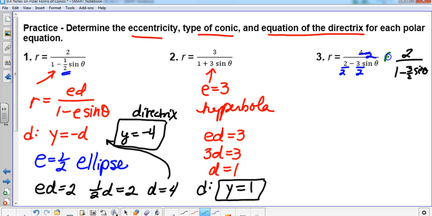So we have, what is the eccentricity? E is 3/2. There's one of the 3 things we're supposed to come up with. 3/2 is, be careful, for some reason the other class couldn't figure out whether that was more than 1 or less than 1. It's more than 1, so it is a hyperbola.